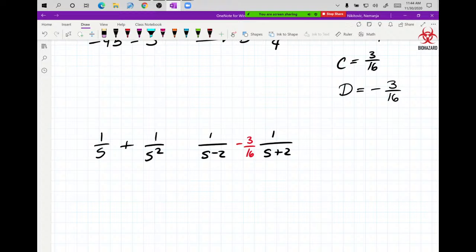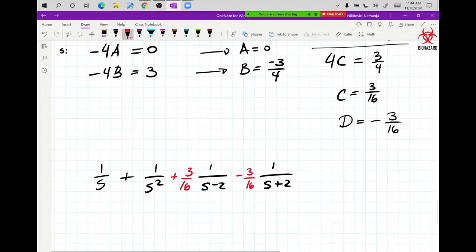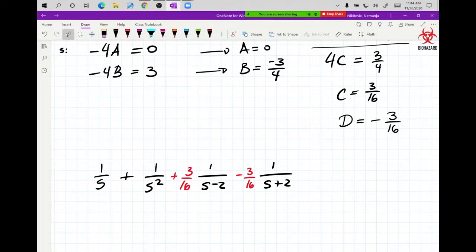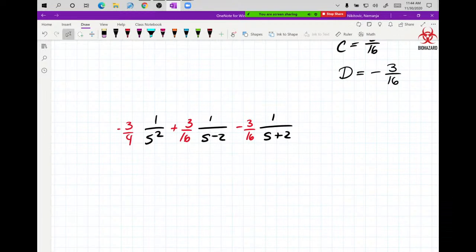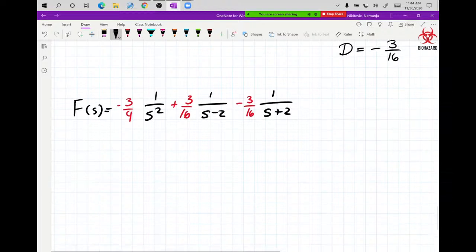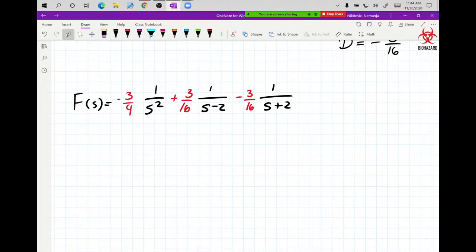Your C fraction is positive 3/16. Your B is negative 3/4, and your A is gone. So there you go. Because if you do this, then you have your answers immediately. So this is your F of s in the end.